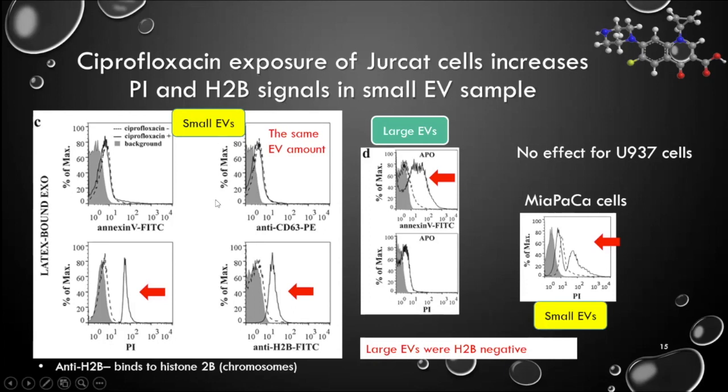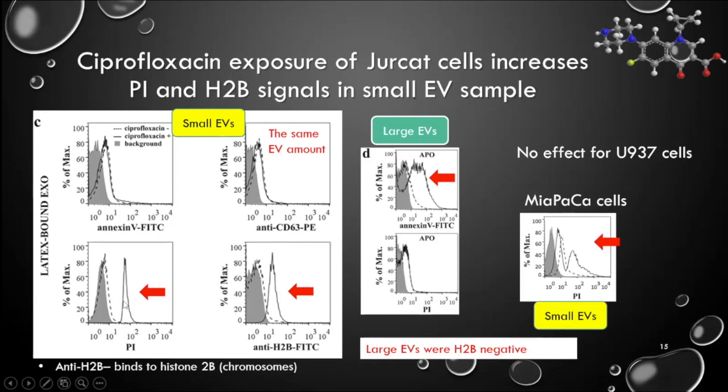And using flow cytometry for the small vesicles with latex beads, the authors showed that, first of all, there was no change in annexin 5 signal under ciprofloxacin treatment. Also, there was no change in CD63, suggesting that ciprofloxacin treatment didn't affect the EV amount.